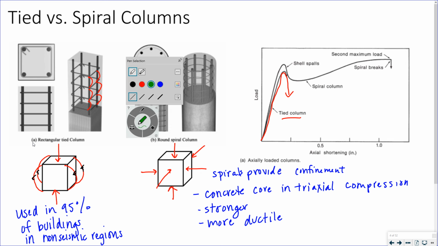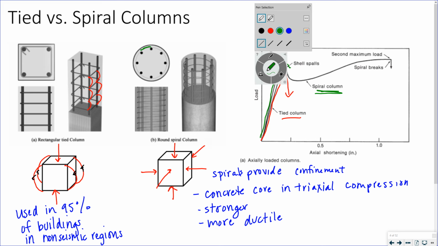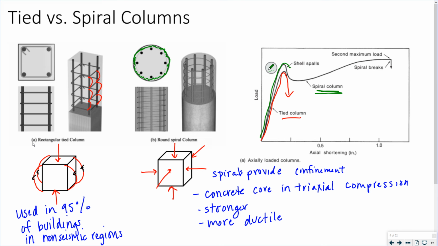For the spiral column, you start to go up here, eventually the shell spalls, which means the shell being this outside. Spalling means when the concrete falls off, becomes disconnected to the rest of the concrete.